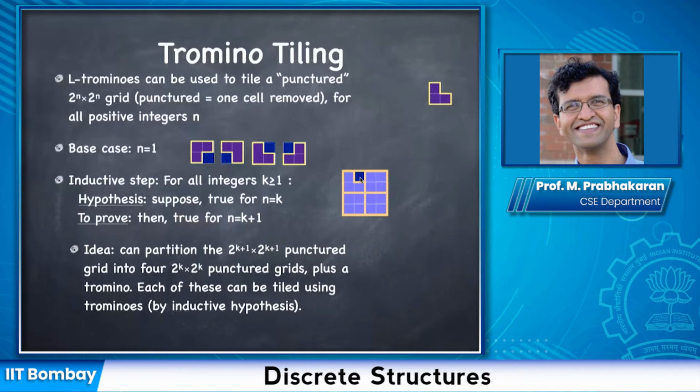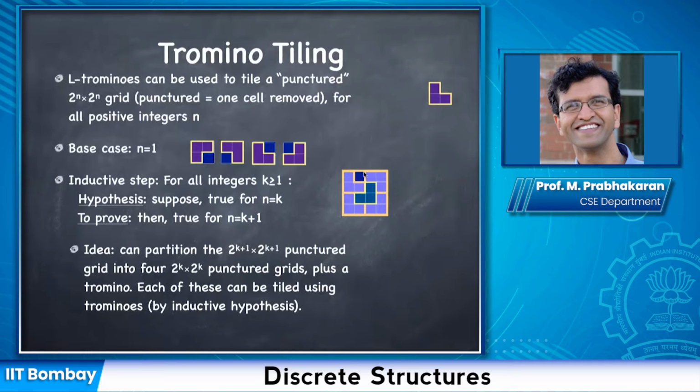But then I'm also going to place a Tromino here in such a way that, so I'm placing it in the middle, the 2 by 2 grid in the middle, and the 3 tiles of the Tromino are going to be on 3 different subgrids.